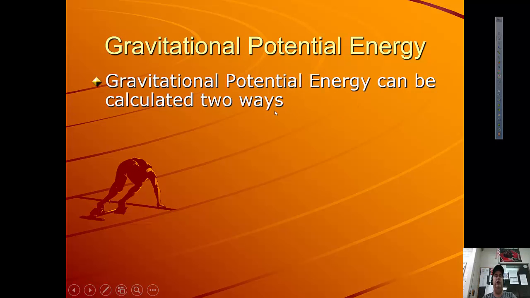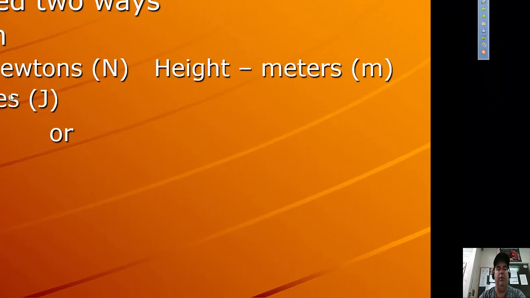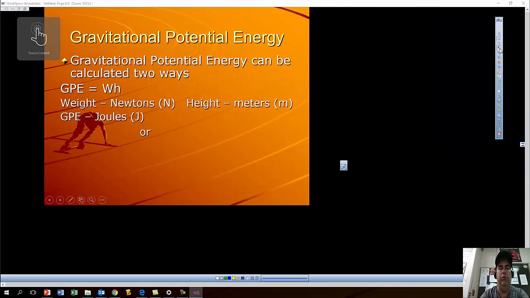Gravitational potential energy can be calculated in two ways. The first one: gravitational potential energy is equal to the weight of the object multiplied by the height of the object. Weight is in newtons, height is in meters, and gravitational potential energy will end up being in joules.